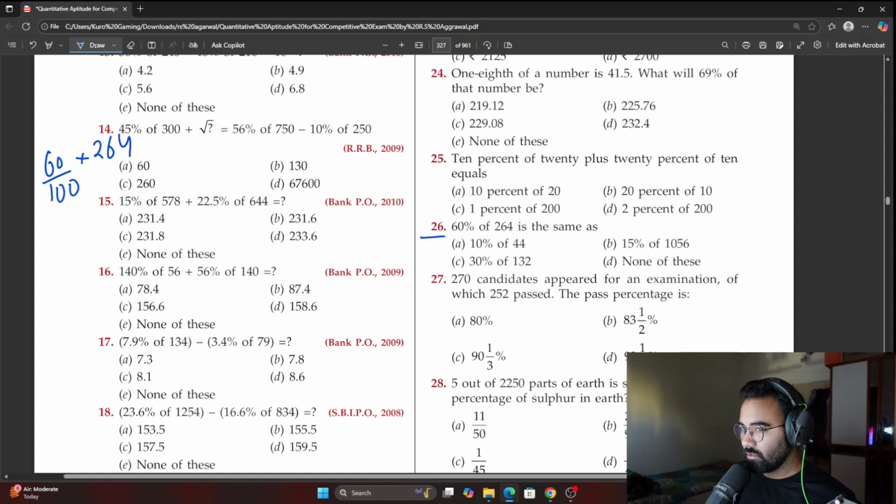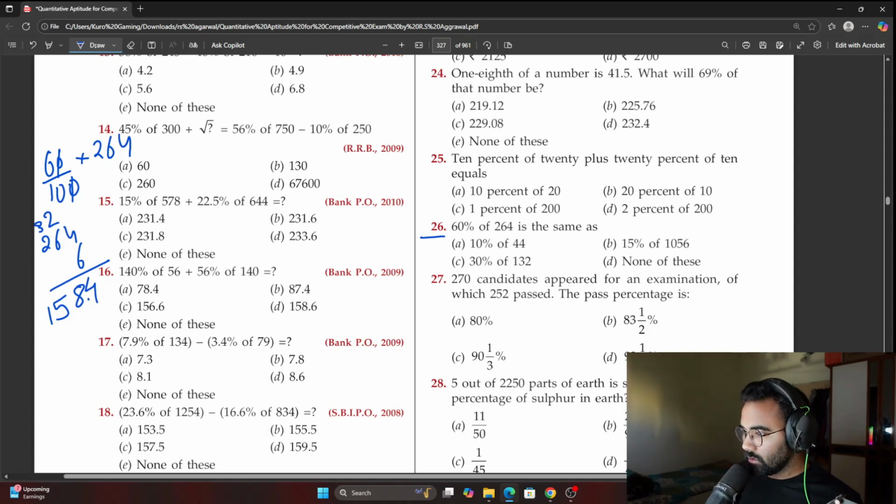All right, now for this one, they've slightly changed the options, I think. So 264 multiplied by 6 should give you 6 4s are 24, 6 6 are 36, 36 plus 2, 38, 6 2s are 12, 12 plus 3, 15, 1584, and there's one decimal, 158.4.